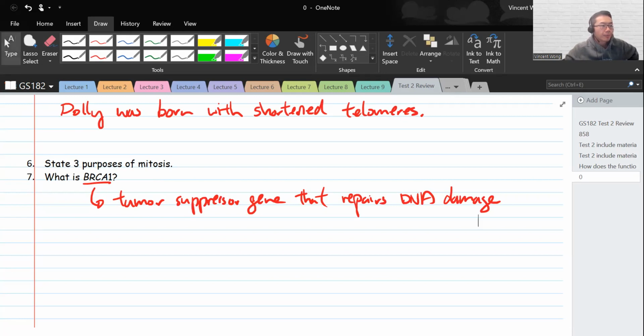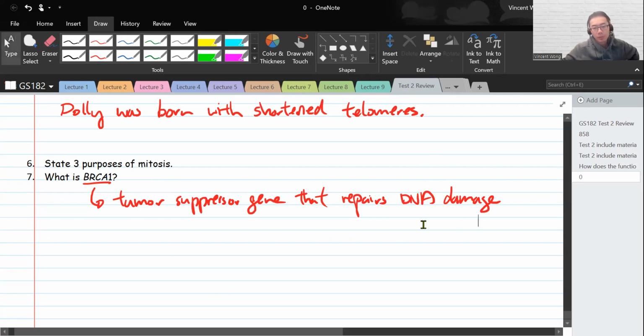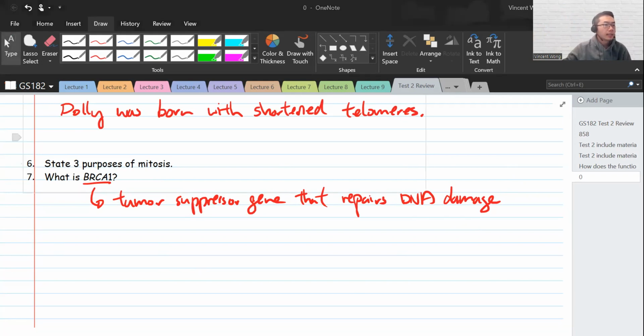It's going to repair the DNA. If you cannot repair the DNA, then the cell is supposed to stop dividing, right? Okay. So that's what makes it a tumor suppressor gene. Okay, that is that.